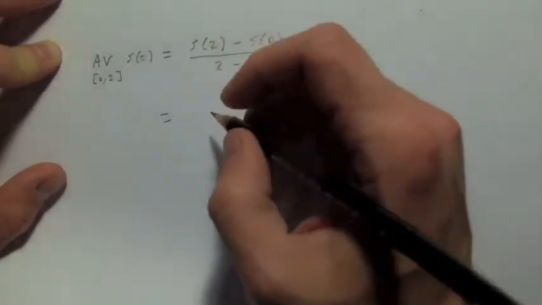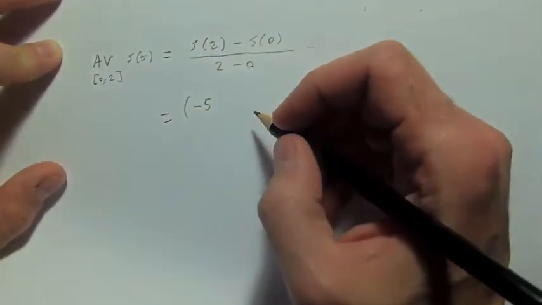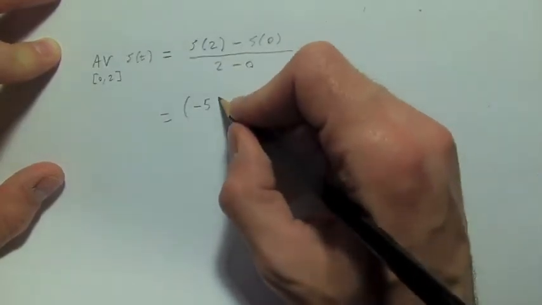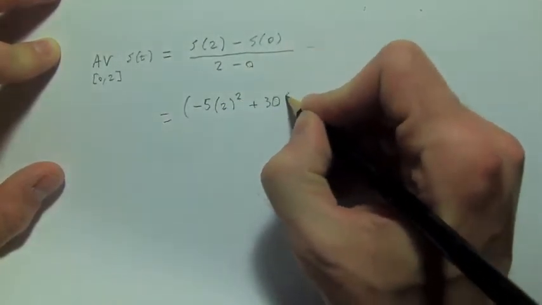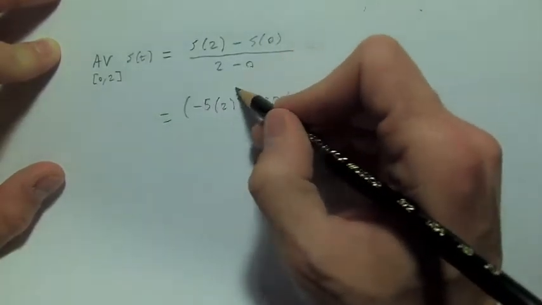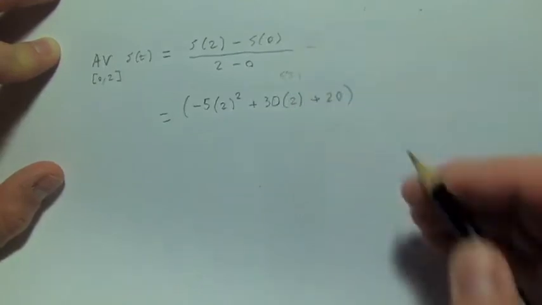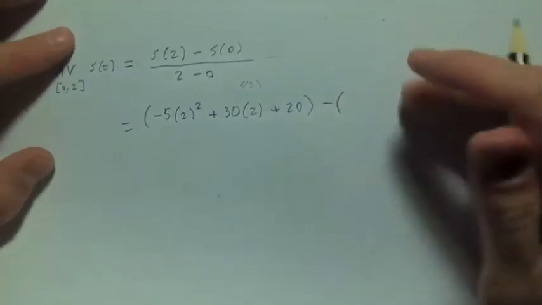So this is going to be, I'm going to put it in parentheses, my s of 2: negative 5 times 2 squared plus 30 times 2 plus 20. That's s of 2, minus all of s of 0.